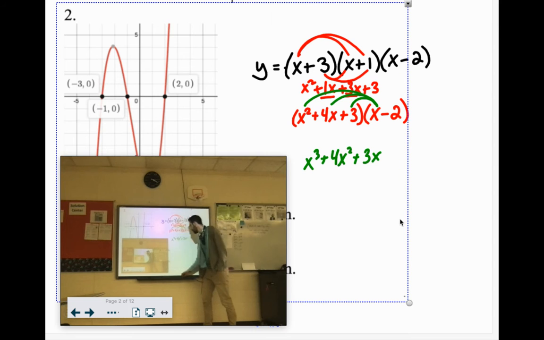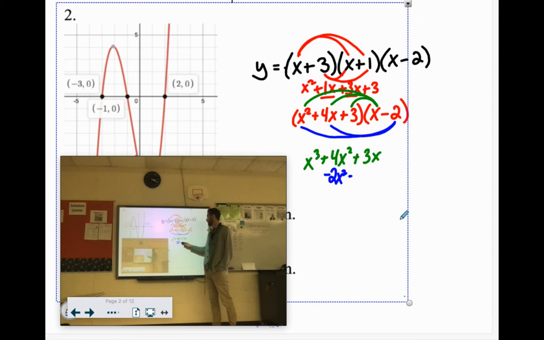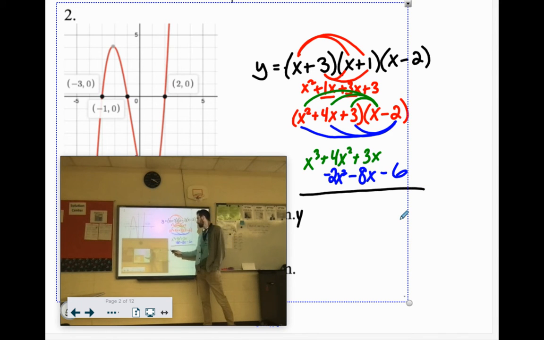If we multiply them all with negative 2, that would be negative 2x squared, negative 8x, and negative 6. And then it's just combining the like terms. So y equals x cubed plus 2x squared minus 5x minus 6.